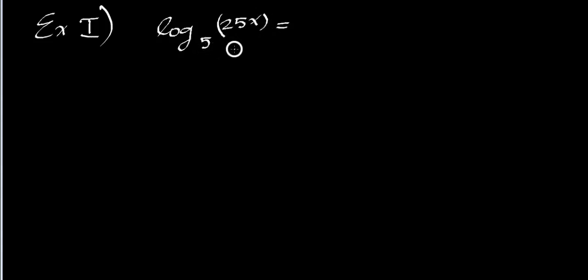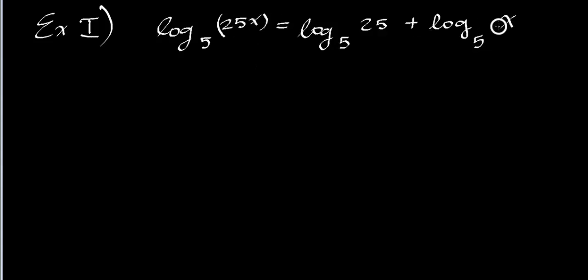So to separate them, to simplify it, remember, two things being multiplied together, the same thing, is taking each piece with the same log and adding them. So log base 5 of 25, so we're really doing that, plus log base 5 of the x.